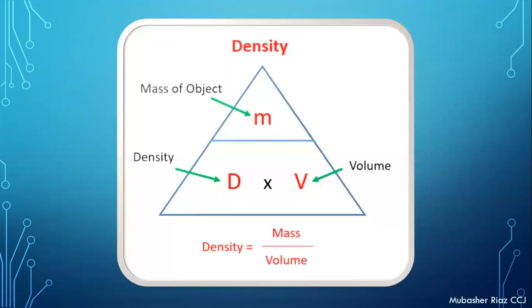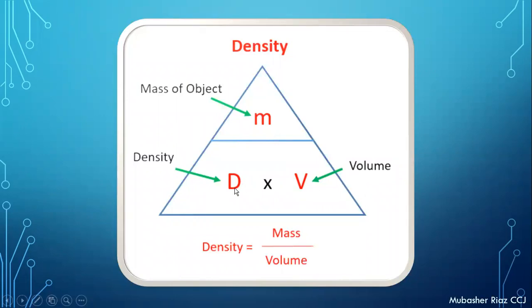We have a triangle which describes the relationship between these three quantities: mass of object, density, and volume. Here m is the mass, d is the density, and v is the volume.